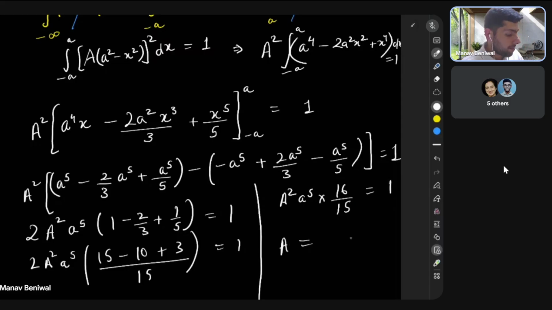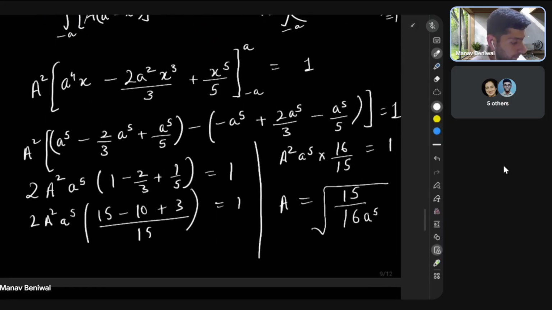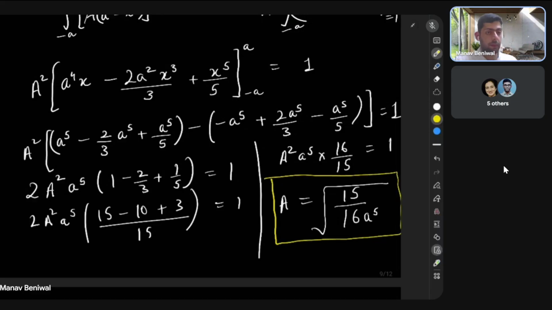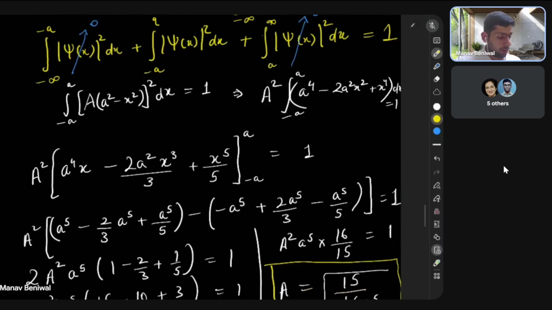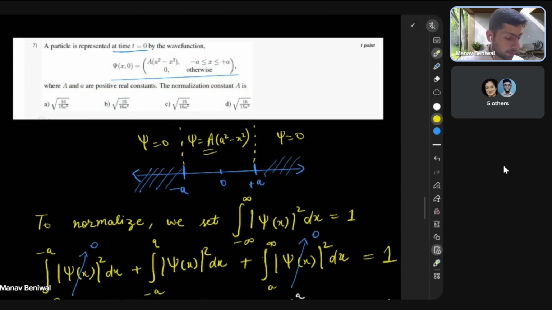Finally, this is our A. Just some lengthy calculations and nothing more. So does it match any option? Yes, option C, which is square root of 15 over 16 a to the 5.